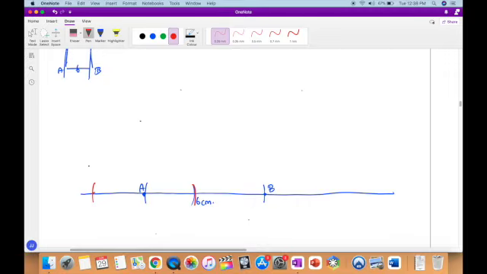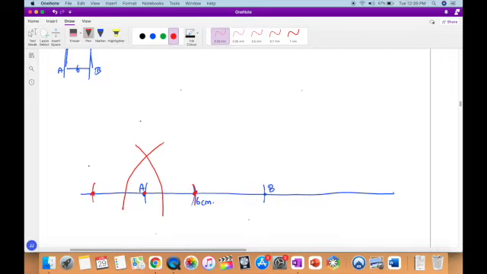Now I will put my compass point here, and I will open my compass to more than the length of A. When it's past the length of A, I will cut an arc like this, with this being the center. And then over here I will put the point here, and with the same compass opening I will put another one here, and it should cut like that.